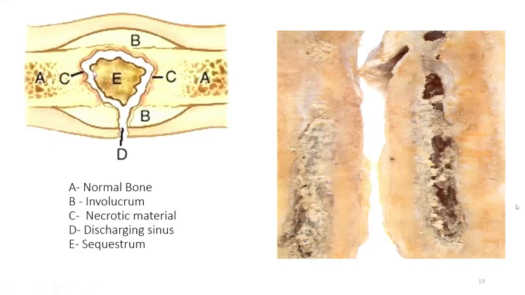The necrotic bone center is called sequestrum, which is there in this macroscopic photograph as well. And the bone shell surrounding this necrotic center, which is formed from the periosteal surface, is called involucrum.